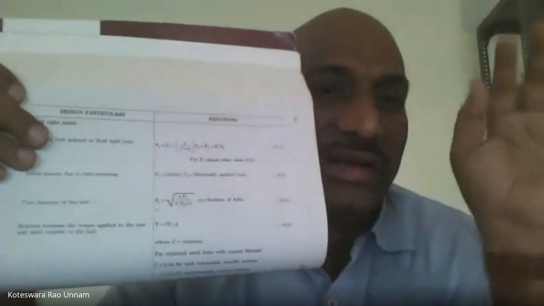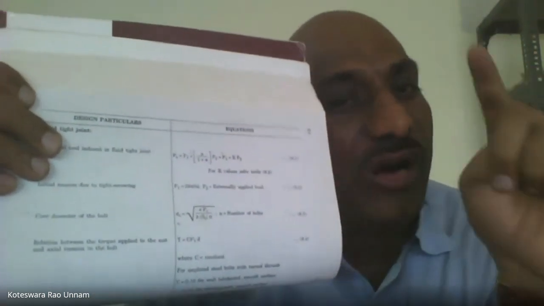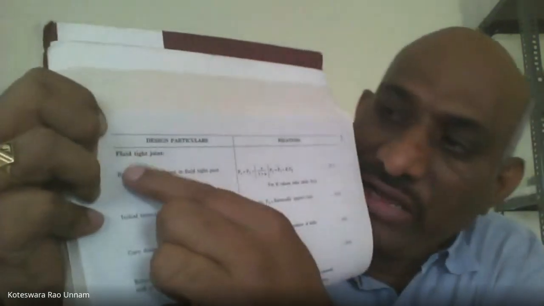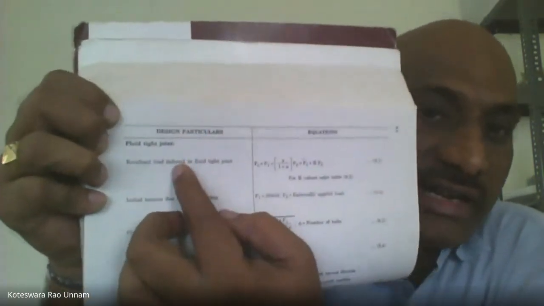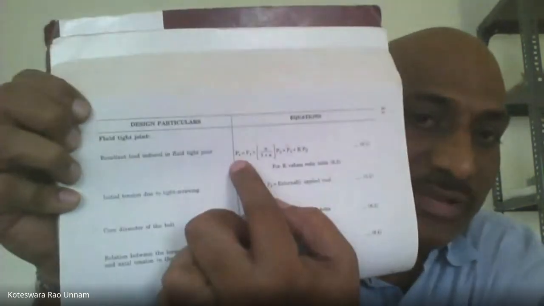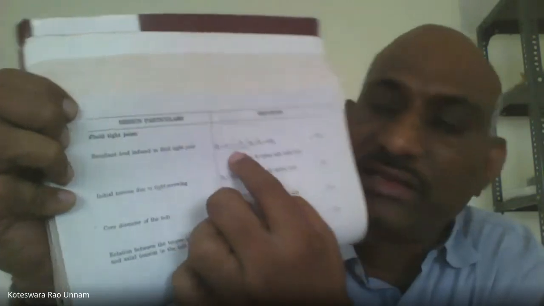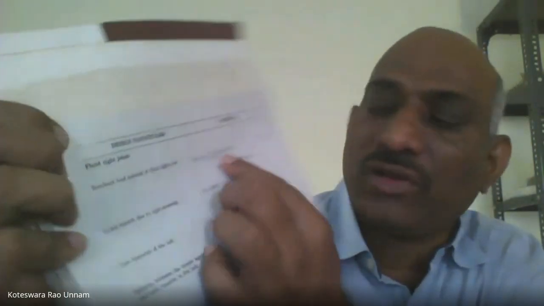So if a bolt is subjected to initial tightening as well as some external load, then to compute the resultant load, he has given in the first point, resultant load induced in the fluid tight joint, which is given by a formula P suffix R equal to P1 plus A by 1 plus A into P2.